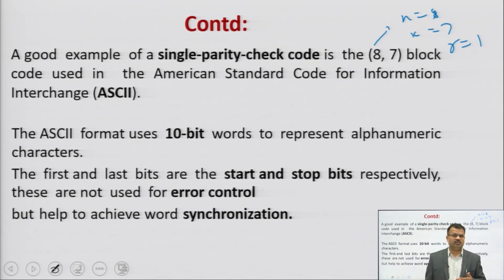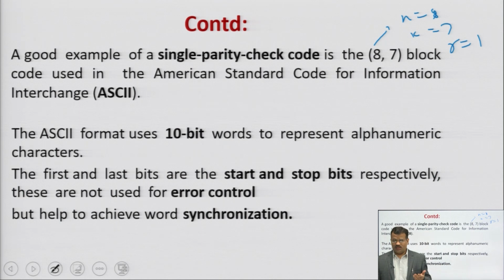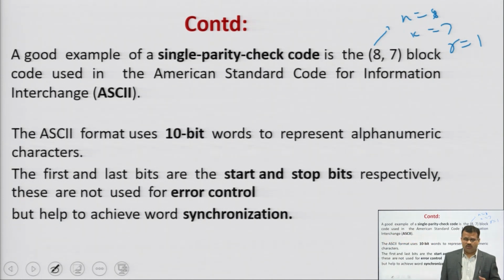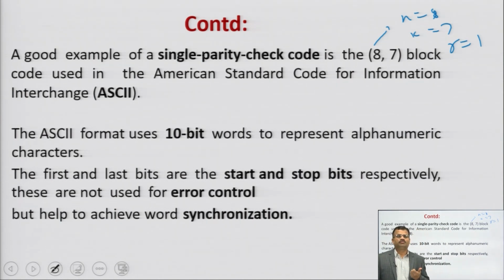Why it is important? Because by this code we can represent alphanumeric characters values. So, different number of characters and values we can represent by this code, that is why it is important. And generally it is represented by the 8-bit words. 8-bit words means 7-bit information की हो गई.